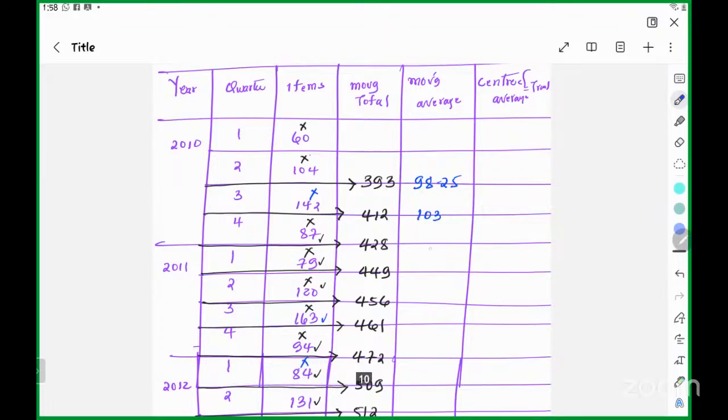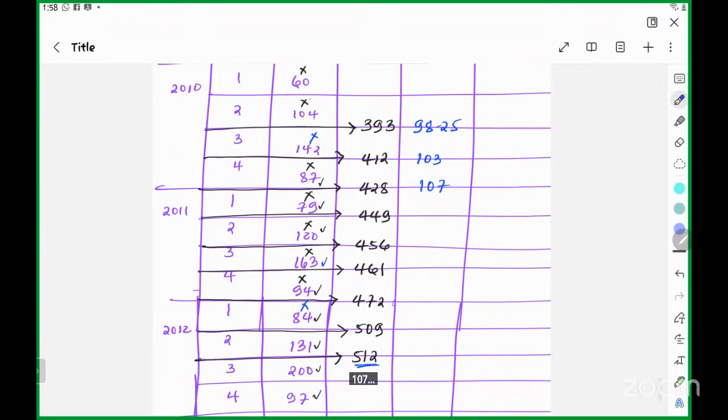103. 107. 103. 12.5. Keep going. 112.25.